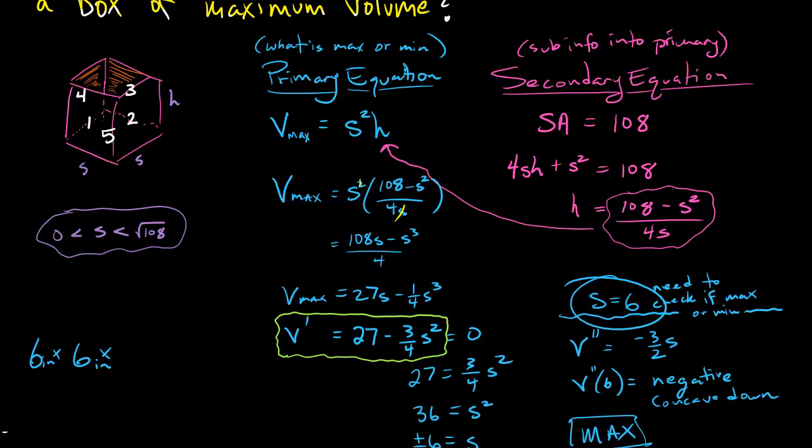So this one that I have circled is an equation to find the height already. And that's how these optimization ones usually are set up. So 108 minus 6 squared divided by 4 times 6. 72 divided by 24 would be 3. So maximum volume would be 6 by 6 by 3.